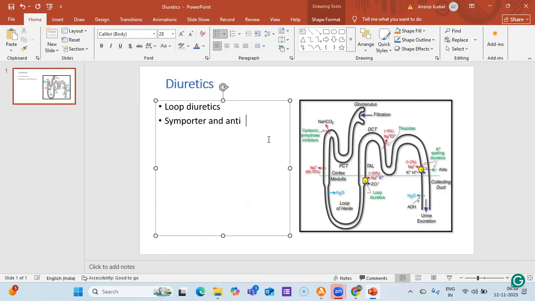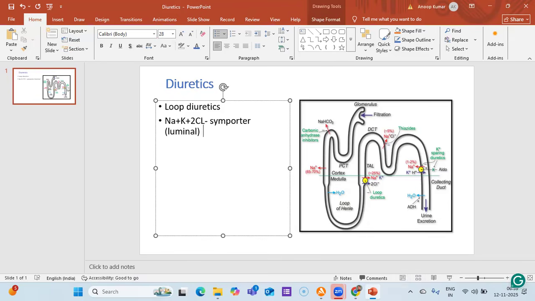So in the loop of Henle, particularly in the ascending loop of Henle, there is the sodium, potassium, and 2 chloride symporter. Symporter means they are moving in the same direction. And where are these present? On the luminal side.